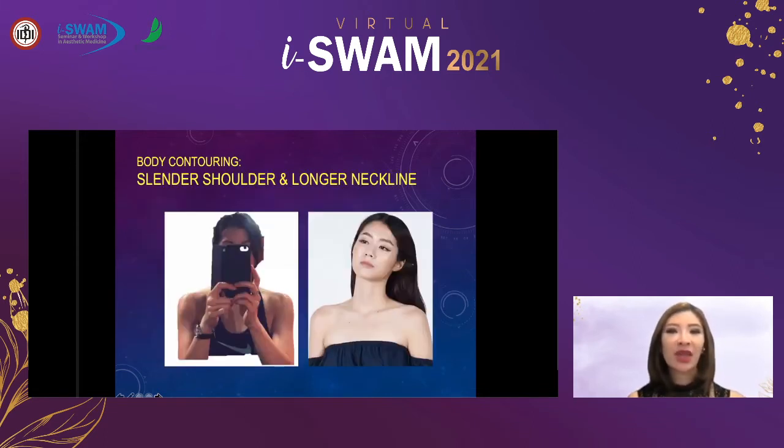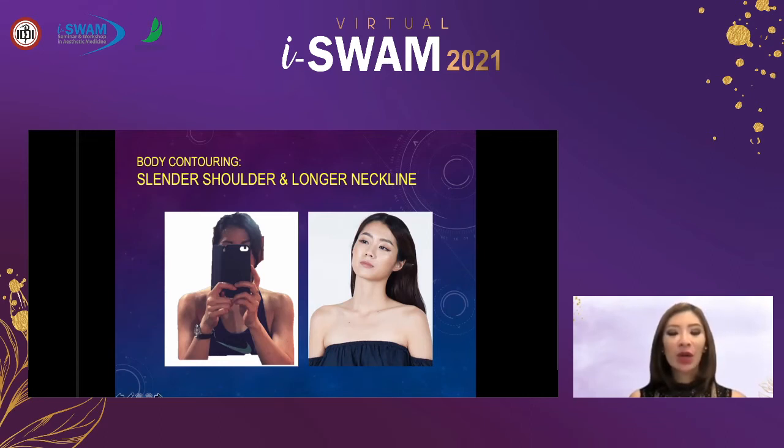And for body contouring, I always say that beauty is in the eye of the beholder. Some patients nowadays love being muscular, and some patients want to have very slender shoulders.